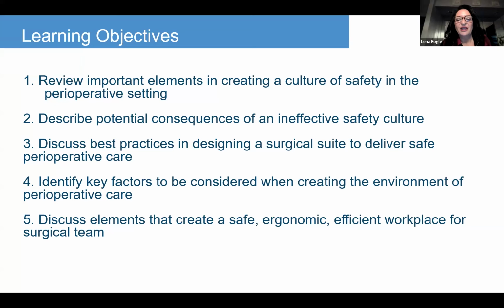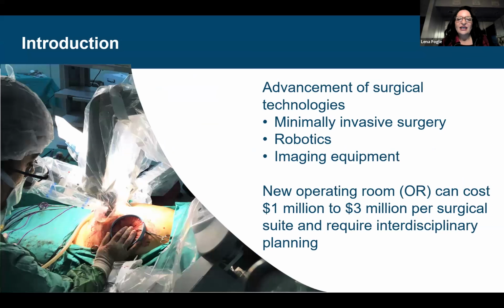We all know all across the world that surgical nurses enjoy a less lengthy career because of a lot of cumulative muscular disorders, cumulative back injuries, cumulative physical injuries, as well as mental stress. So we can't leave out our staff safety when we're thinking about designing an operating room, one of the key objectives.